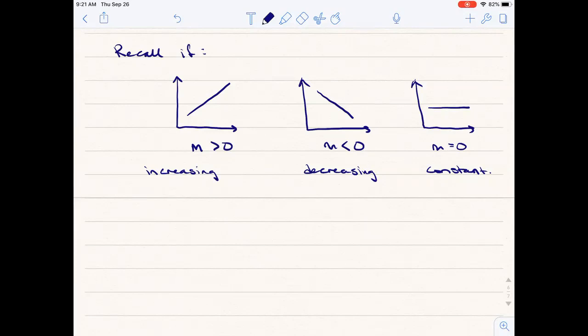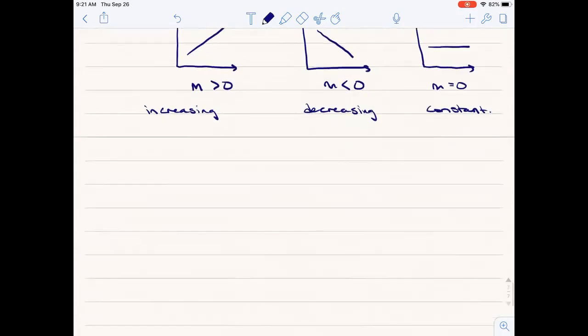It's sometimes the case that we've got a piecewise function, meaning we've got different behaviors at different points in the domain. And so we need to look at piecewise functions.